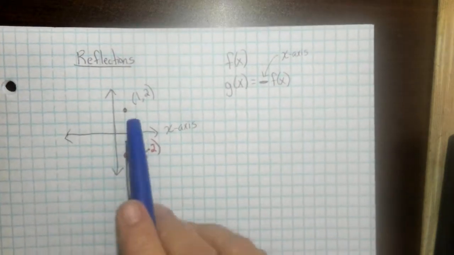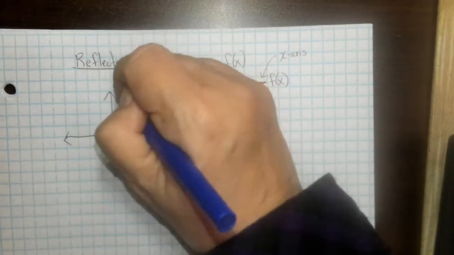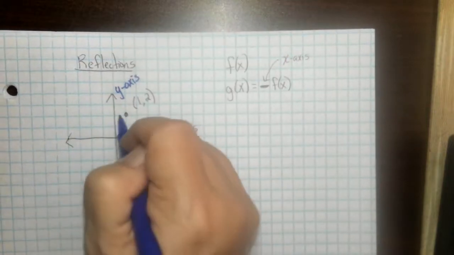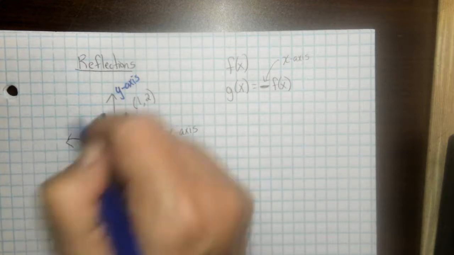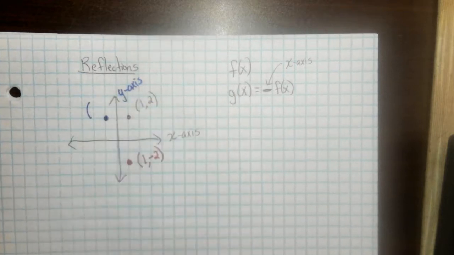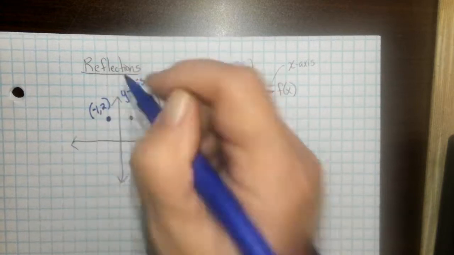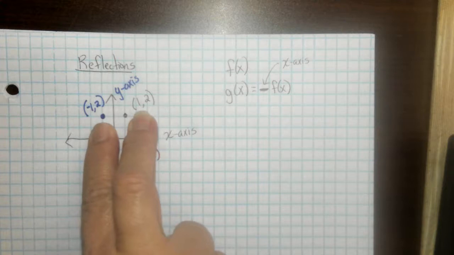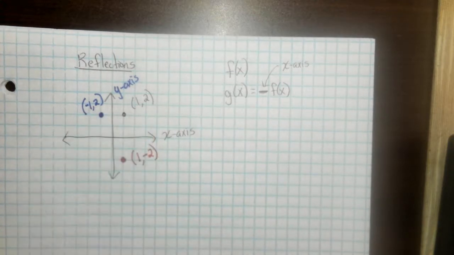Alright, well what if I take the point 1, 2 and I reflect it over the y-axis? If I reflect it over the y-axis, it's here. What's that ordered pair? Negative 1, 2. How is that different from my original point? The x is the opposite.